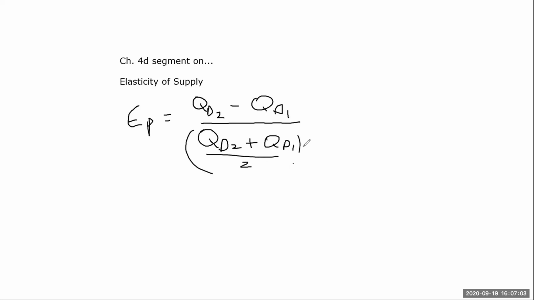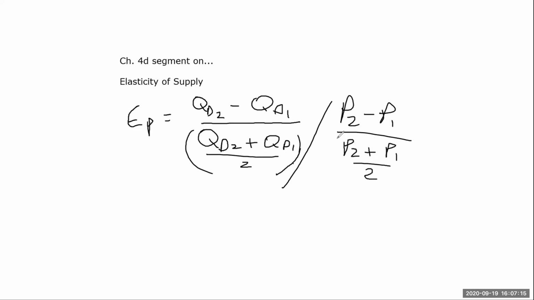And then we end up dividing all of that by P2 minus P1 divided by the average price, P2 plus P1 divided by 2. Okay, that's price elasticity of demand, right? So now what I want to do is the 30-second launch into price elasticity of supply.